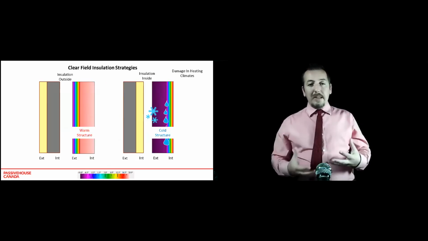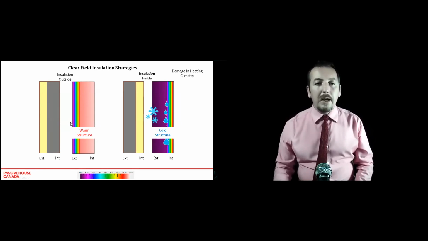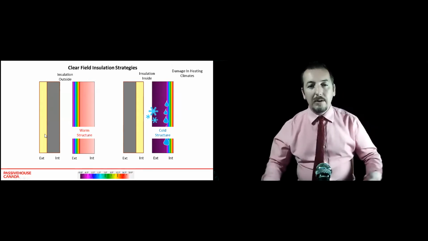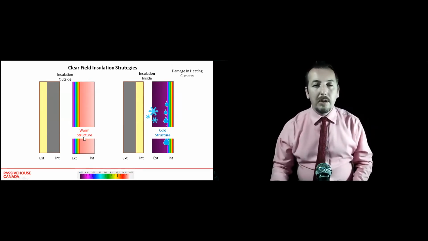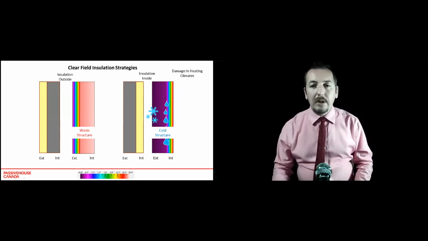So again, on the same principle of the steel, here we have just our structural layer and our insulation layer. And basically, if our insulation is on the outside, we have a warm structure and very little problems with moisture. If we have our insulation on the inside, then we're going to get structural damage on the outer wall and possibly condensation as well.